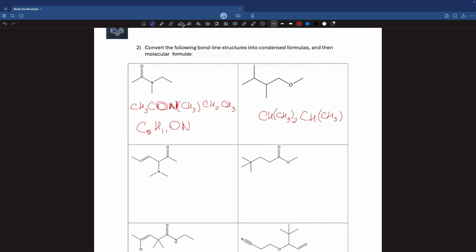I'm running out of space. Let's continue. This little branch point, CH3, and then we have CH2, vertex over here, and then O, just another oxygen, and then a terminal carbon, so CH3. And this is our condensed formula. And if you were to count your carbons and count your hydrogens, you should get C6H14O. And that should work. That's your molecular formula.